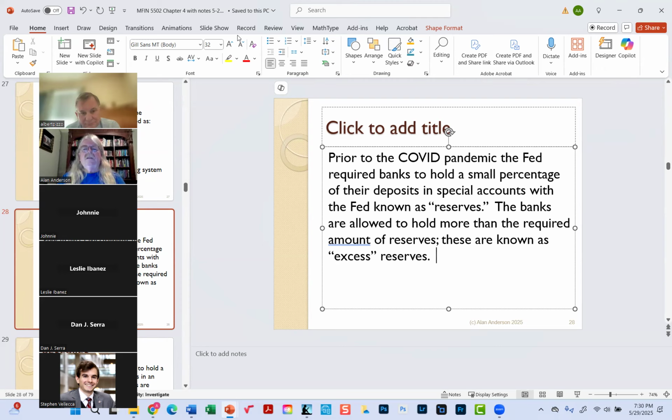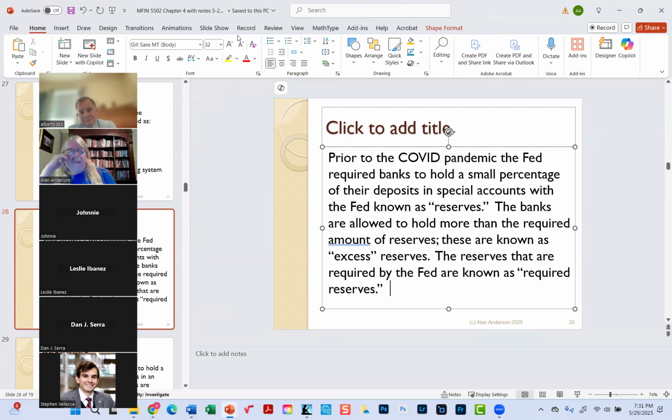The reserves that are required by the Fed are known, as you could probably guess, required reserves. Now, throughout most of the 20th century, the reserves did not pay any interest. So the banks didn't want to hold reserves if they could help it. Then it got to the point where the Fed was paying them interest, but it wasn't very much.